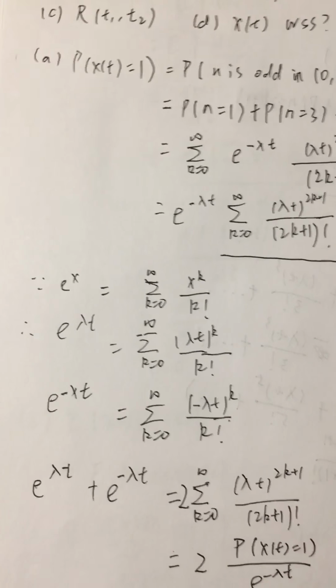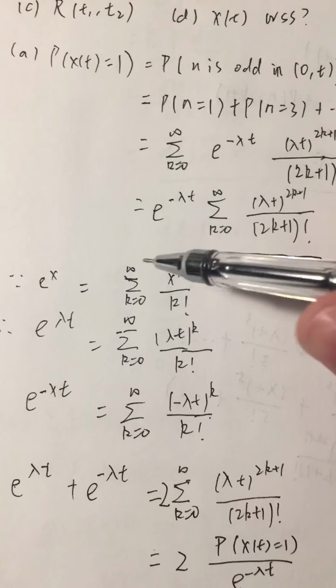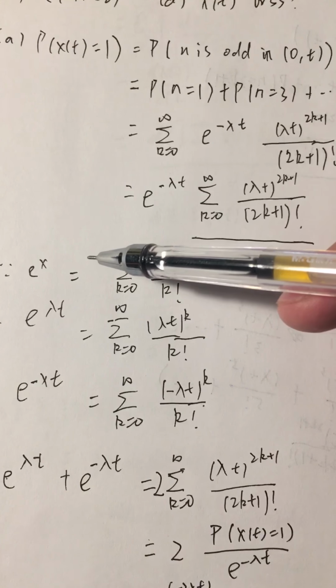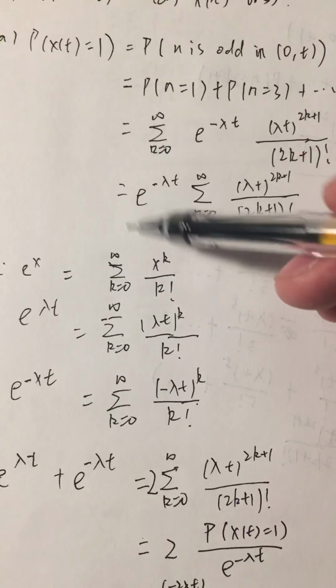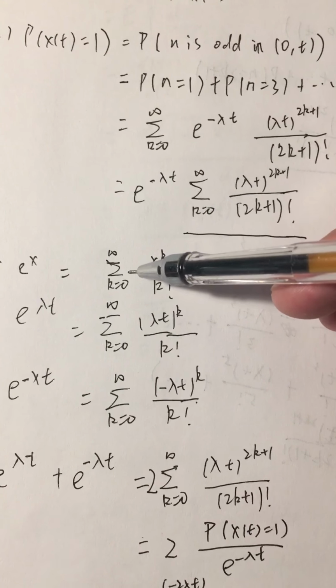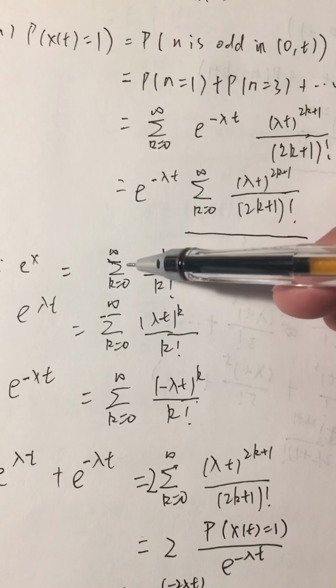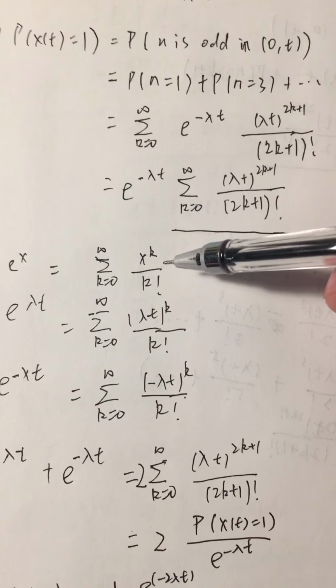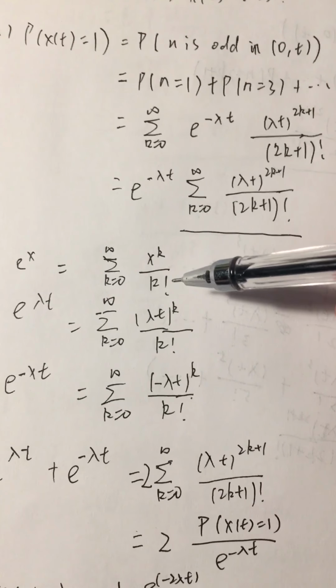And we consider Taylor's series of e to the power x, which equals the sum from k equals 0 to infinity of x to the power k divided by k factorial.